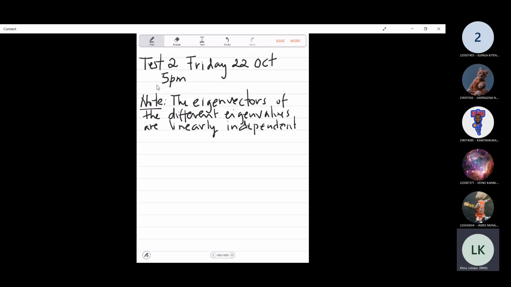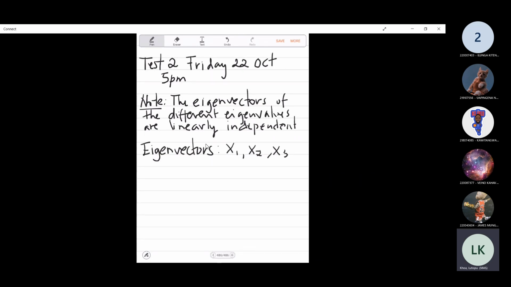Okay, so what that means is that one is not a scalar multiple of the other, so you cannot multiply one eigenvector by some constant and then get the second eigenvector that is associated with another eigenvalue. Okay, so let's say I have my eigenvectors. Let's say this is x1, x2, and x3.